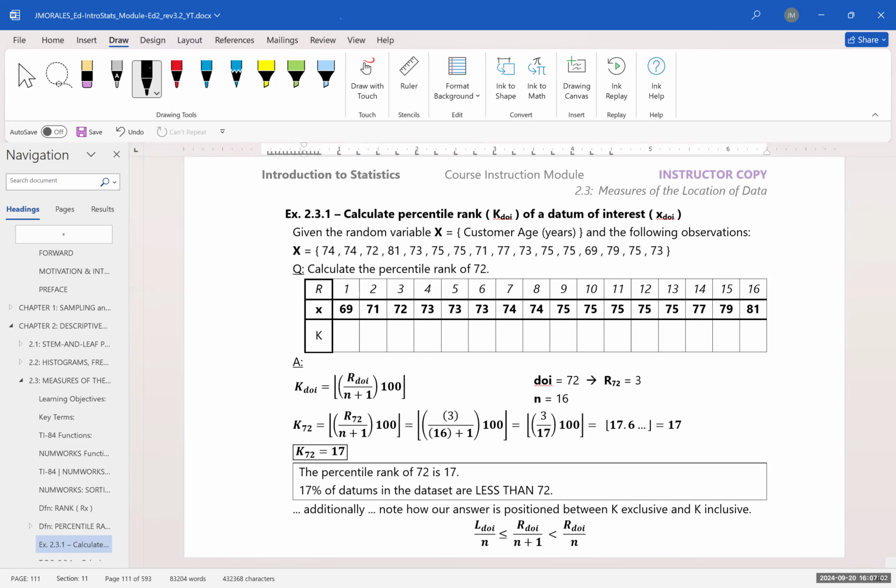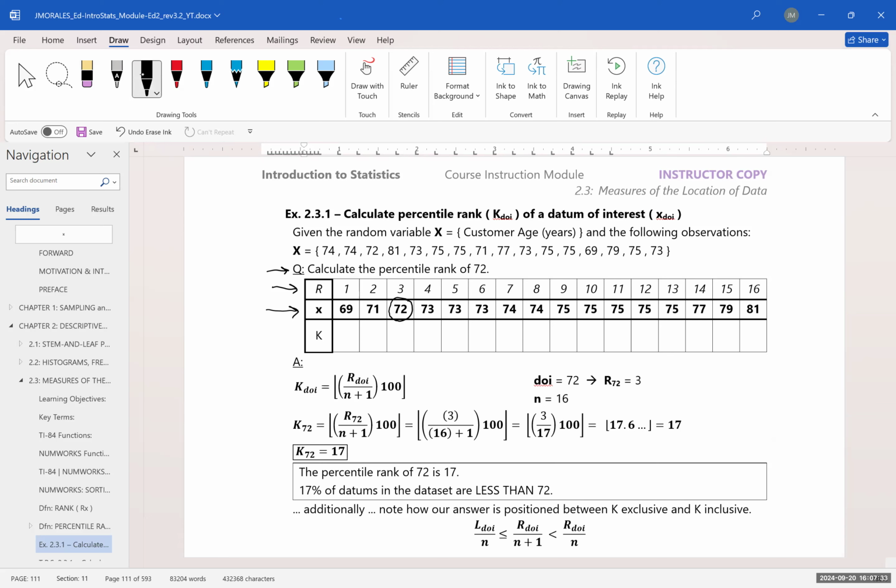It has been sorted in ascending order, and each datum has also been ranked from 1 to 16 because there's a sample size of 16. The question is to calculate the percentile rank of 72. Here is 72. We want to know its percentile rank.